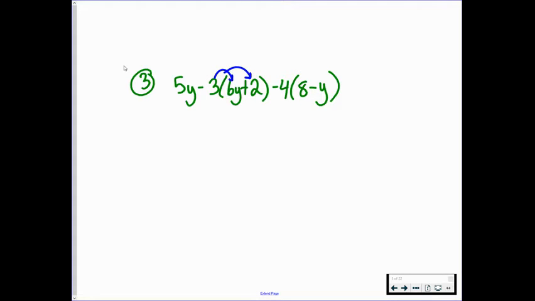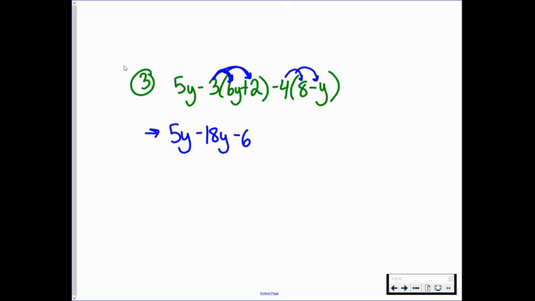We talked about this in Chapter R. I'm going to multiply negative 3 through those parentheses, as well as the negative 4, which leaves us with negative 3 times 6y is negative 18y. Negative 3 times 2 is negative 6.